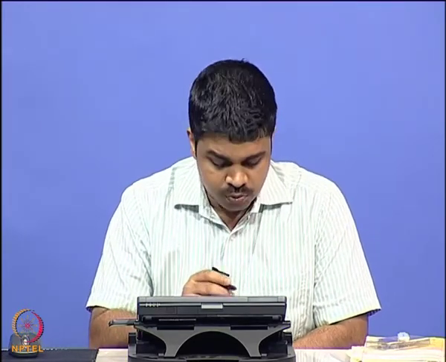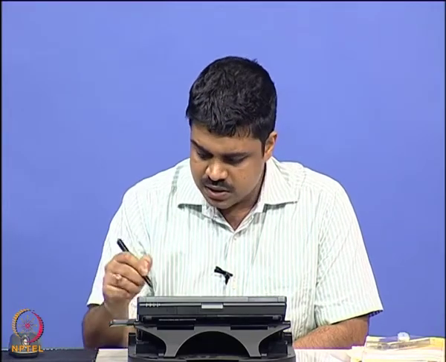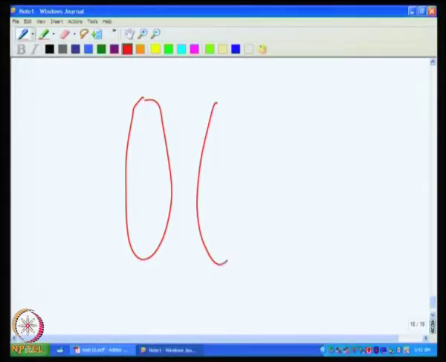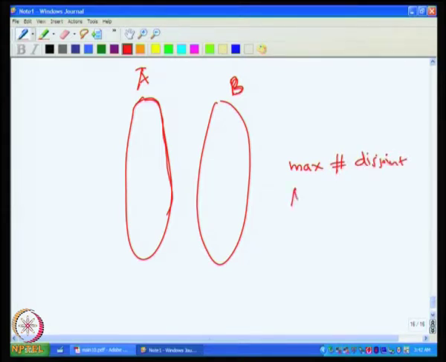Before getting to the proof of this, let's look at some interesting features. You can take a bipartite graph, and let one side of the bipartite graph be the set A and the other side be B. Now, if I ask for the maximum number of disjoint AB paths in this graph, what is that?